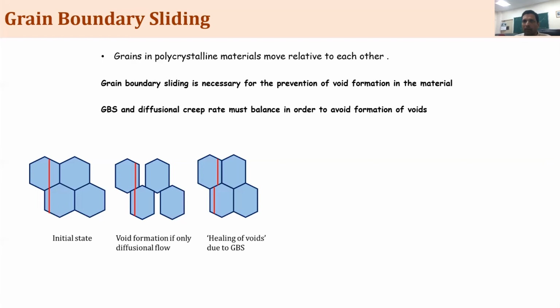Mind you, even the formation of voids would not be so easy. It will need very high stress. And therefore, this is a mechanism which is, you can say, a low energy path. Because the grains are becoming thinner, they will tend to slide. The grain boundaries would tend to slide the grains so that no void gets formed.